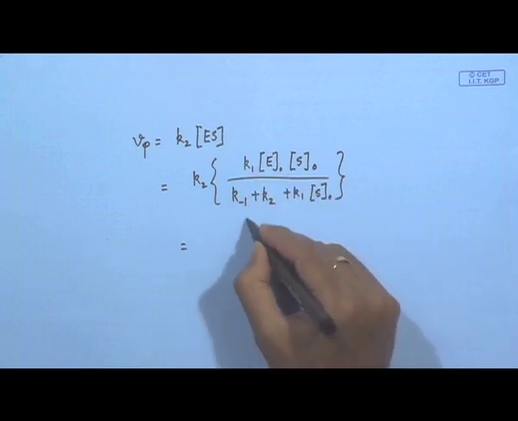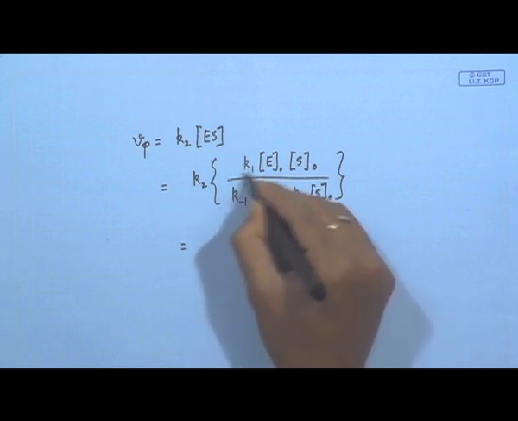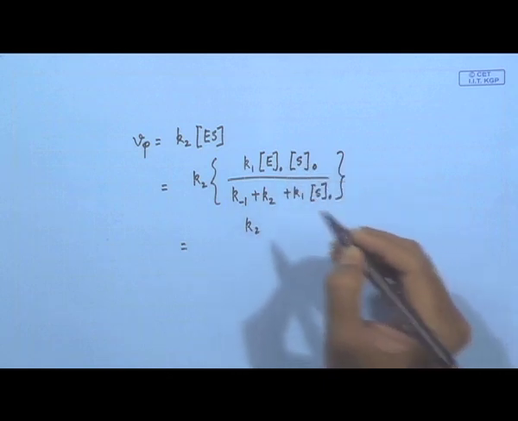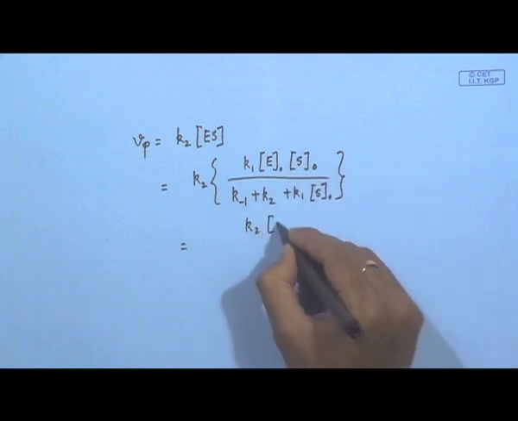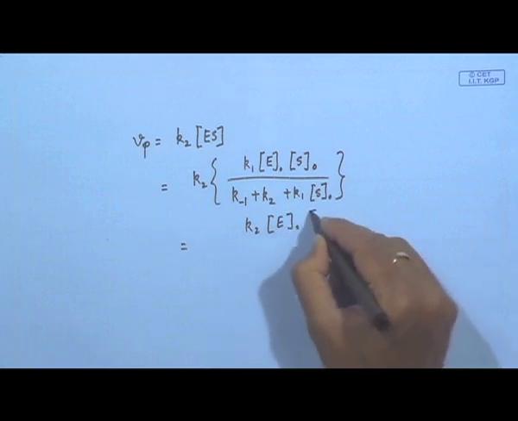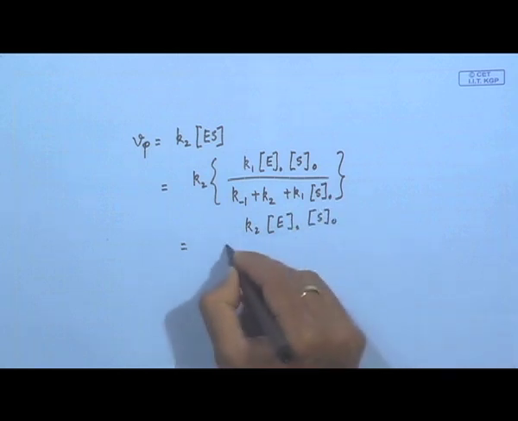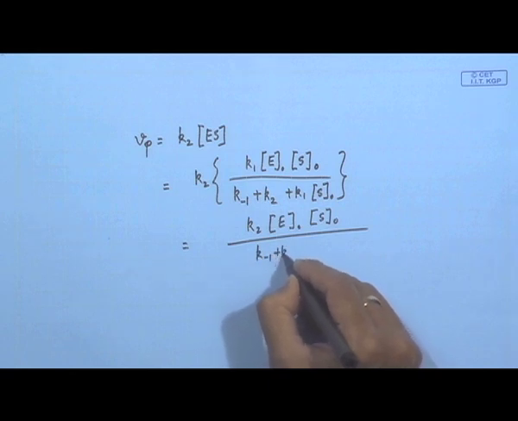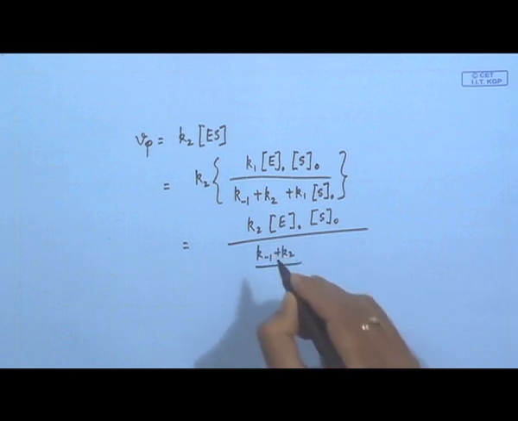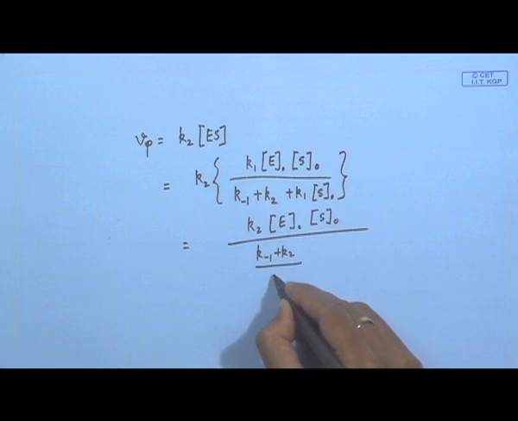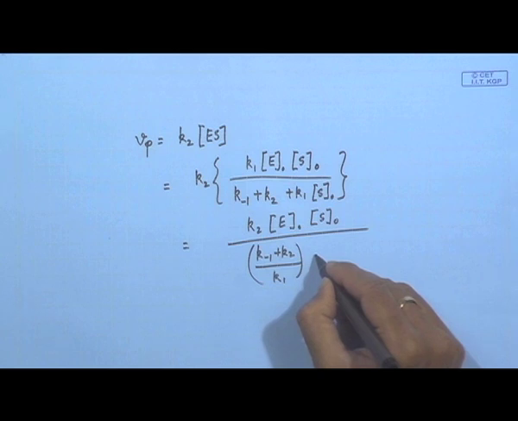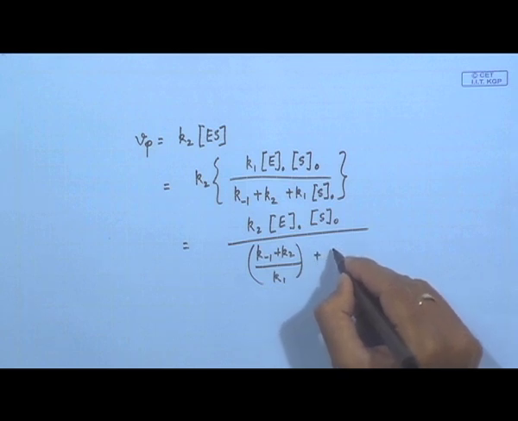So, therefore, it will be K2. If you divide the numerator by K1 and also the denominator by K1, it will be K2 E0 S0 divided by K minus 1 plus K2 divided by K1, plus S0.